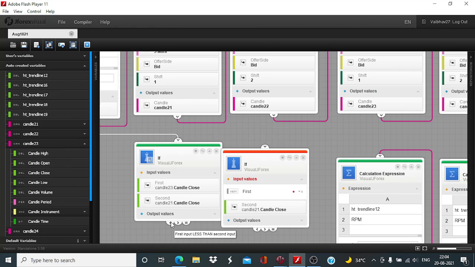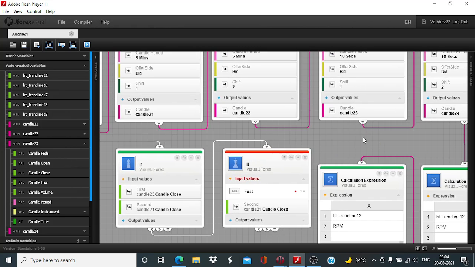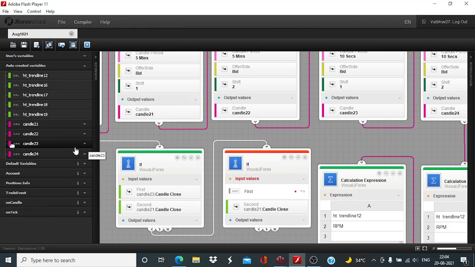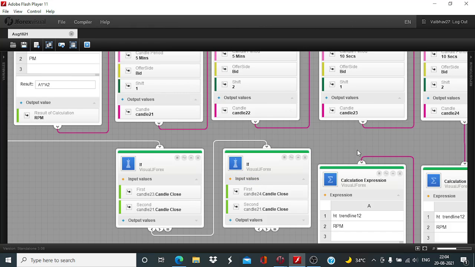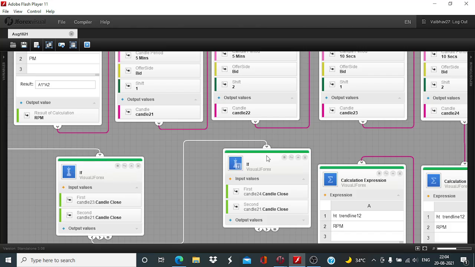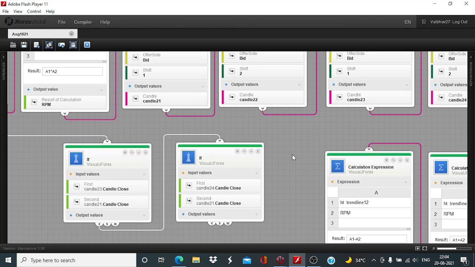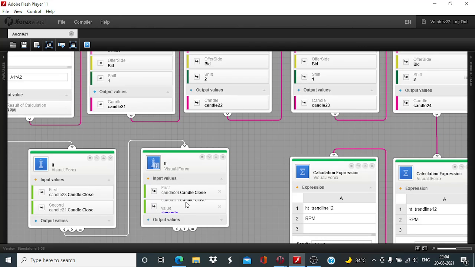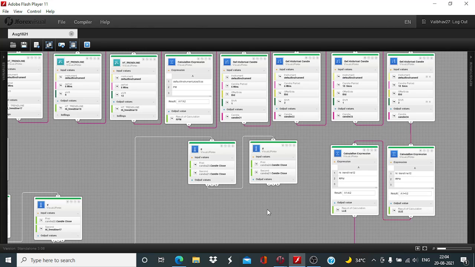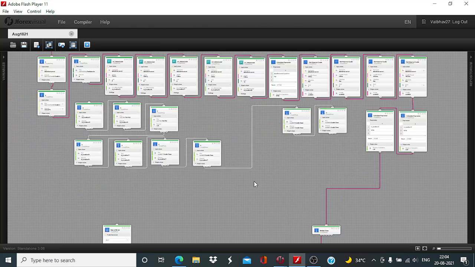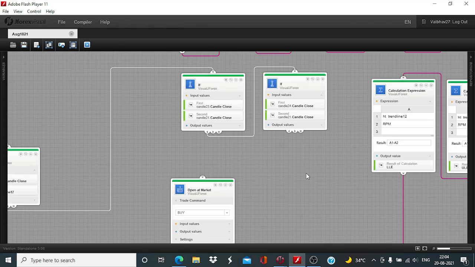First input less than second input, and candle 24 candle close needs to have closed higher. So there the condition will be first input greater than second input.